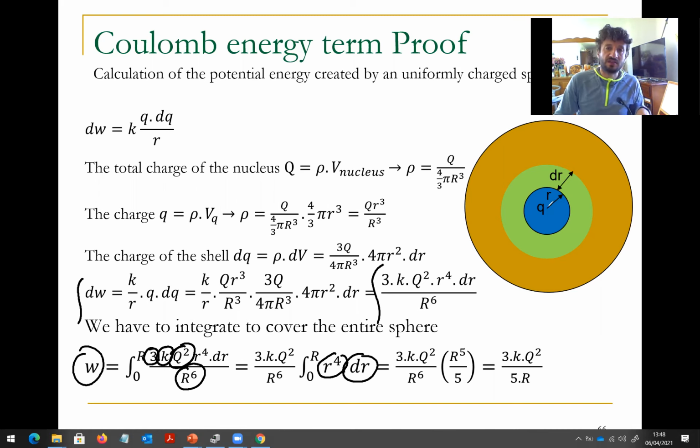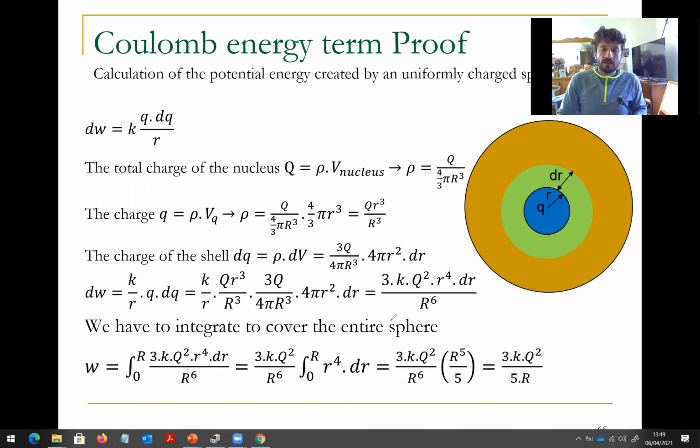Here you have an integration between r equals 0 to capital R to cover the entire volume of the nucleus. So it's very important, the limit of this integral between 0 and capital R. The integration of r^4 equals r^5 divided by 5. This is the final answer.